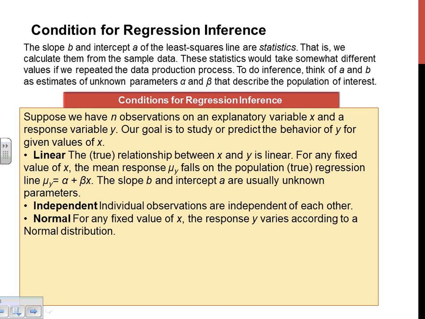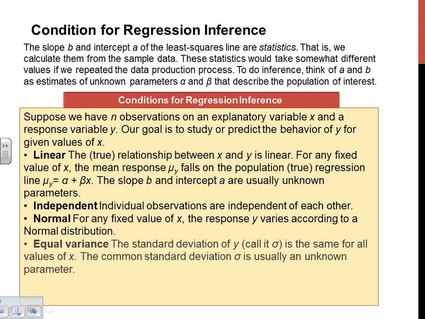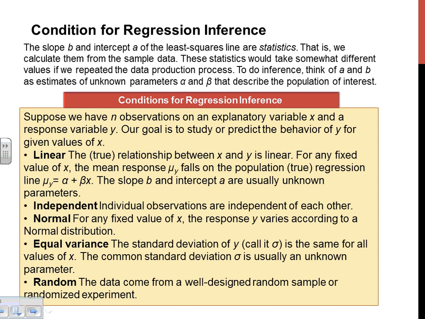For any fixed value of x, the response variable y varies according to a normal distribution. Equal variances. The standard deviation of y, or sigma, is the same for all values of x. The common standard deviation, sigma, is usually an unknown parameter. And random. The data come from a well-designed random sample.